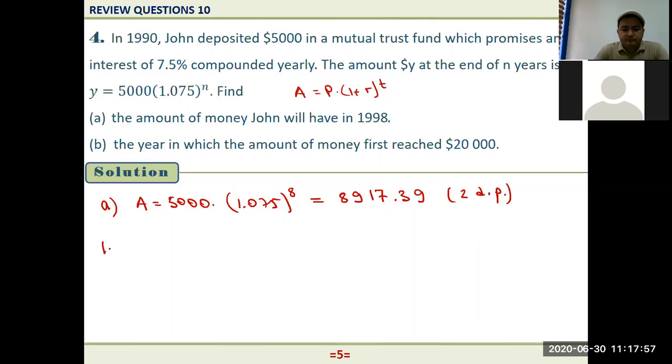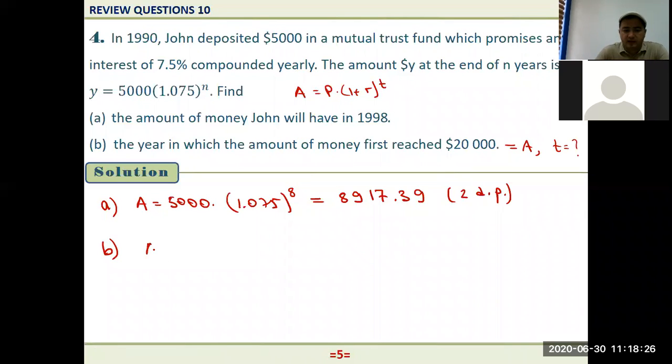B, find the year in which the amount of money first reached $20,000. Here the amount is given, so first we need to evaluate T, the time. After that, we can add it to 1990 and find the year the money first reached $20,000.